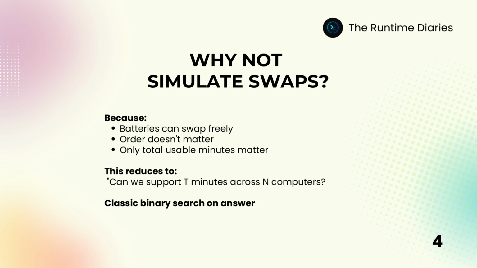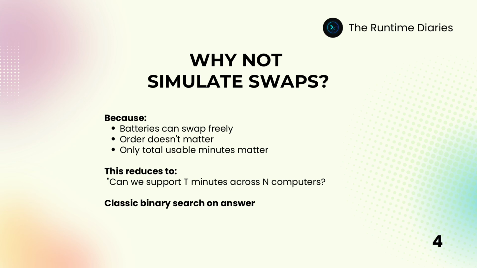At first glance, many people try something like this. Assign batteries to machines, track which ones run out, switch batteries, track partial usage, swap again, repeat. It gets complicated instantly. But remember, we can swap batteries freely. The order doesn't matter. The exact pairing doesn't matter.